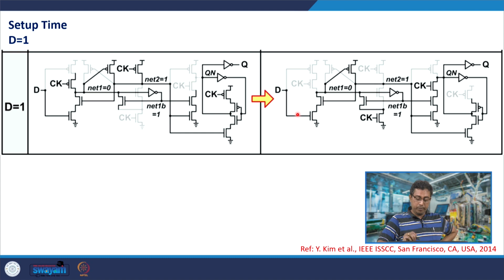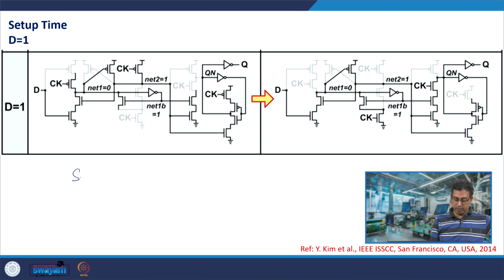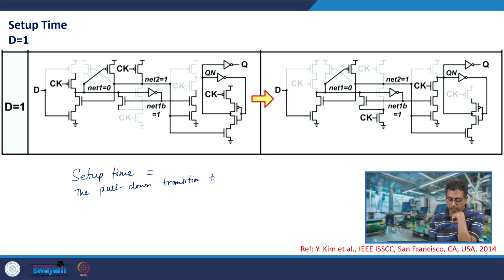So, therefore, the setup time in this case is equal to the pull down transition time of net 1 through M3, M4.